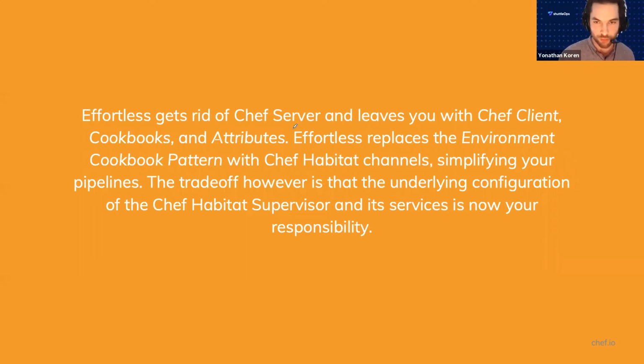Your workflow might be a lot nicer now that you're dealing with a repository that has the Chef Habitat logic and it has the Effortless logic loading those particular cookbooks. That might be something you really want to do, but there's definitely a trade-off because you are now responsible for the underlying configuration of the Chef Habitat supervisor and its services, and you need to map that out before you start going this route.